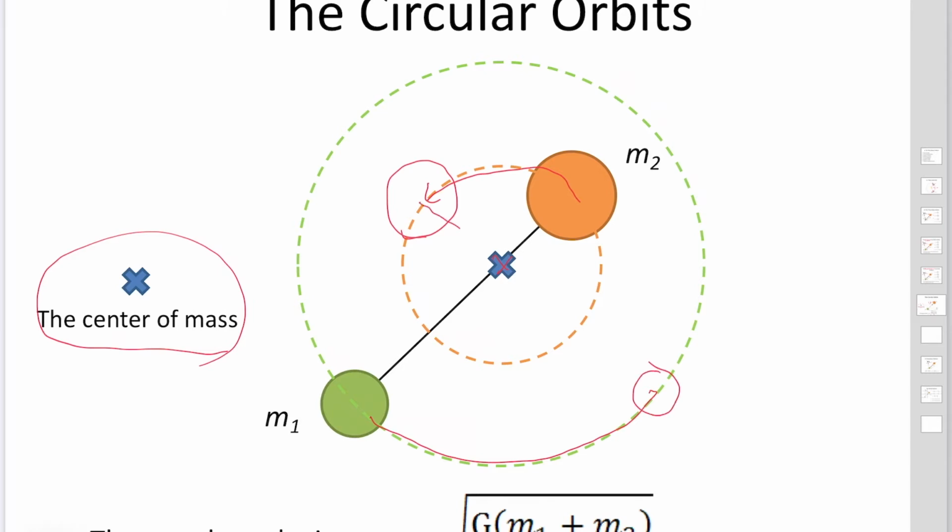Then the center of mass doesn't move. This is m sub 2, m sub 1. And the distance between the two objects doesn't change. This is the meaning of the circular orbit.